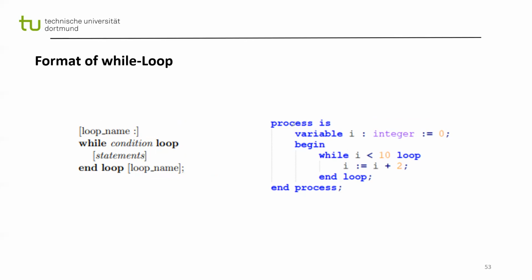So we have a process, and we define a variable inside of the process. We name the variable I of type integer and give it the value of 0. As you can see here, this is used for variable assignment, where we give I the value of 0.